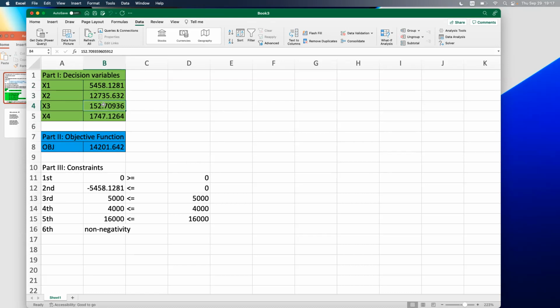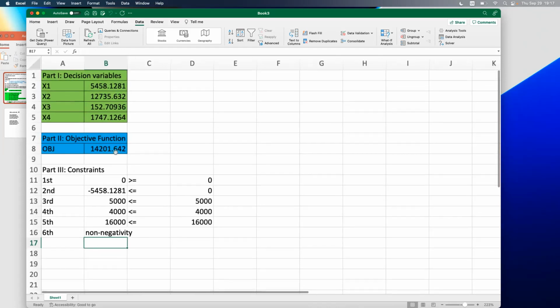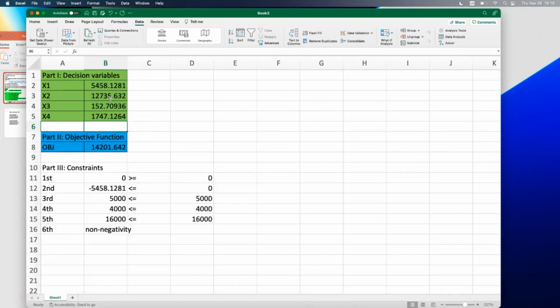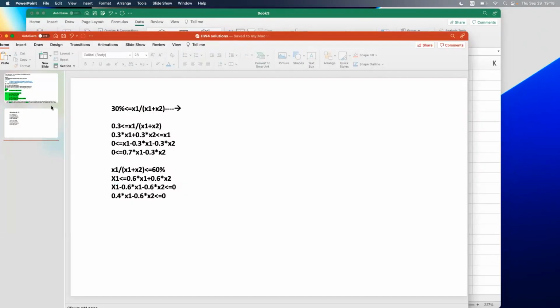We should spend $152 on advertising of applesauce and $1,747 on advertisement of apple juice. All right, so that's the answer, which will give us a profit of 40,201. And you just need to put that information into your answer.